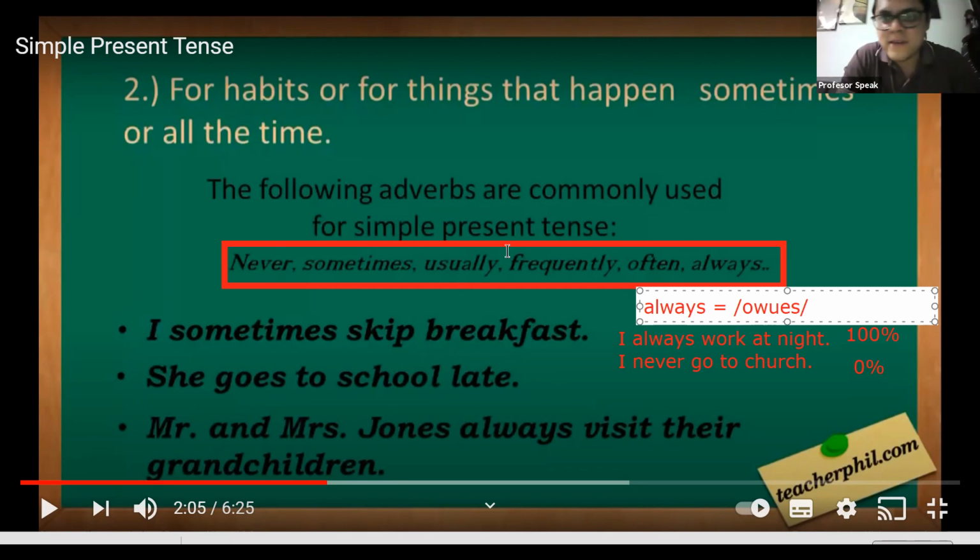All right, let's see. Gracia, are you there? Okay, all right. Carla Escobar, give me your example using always.